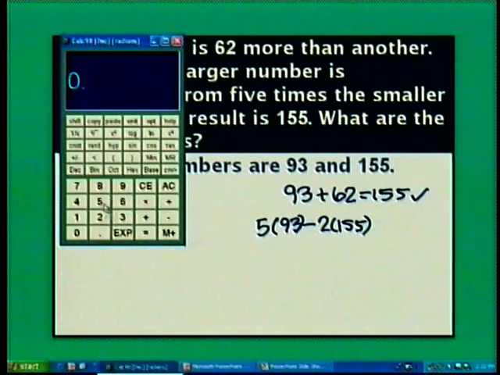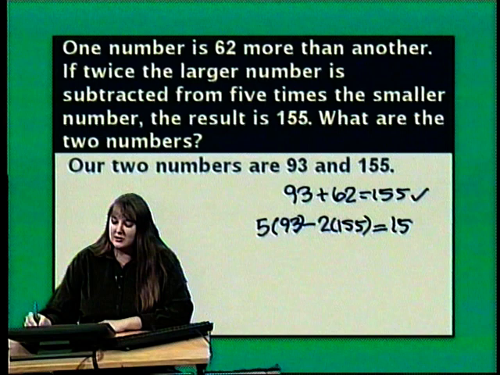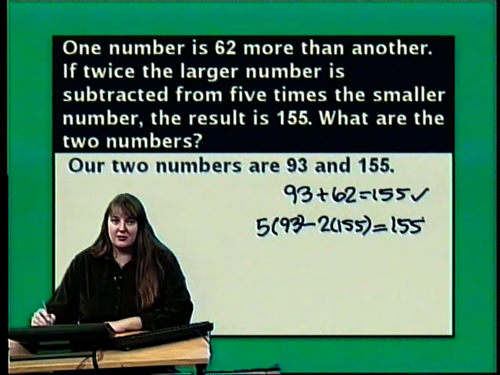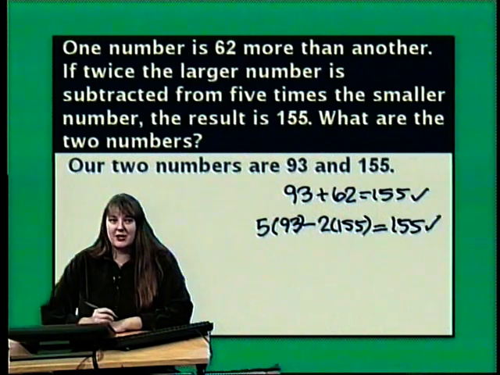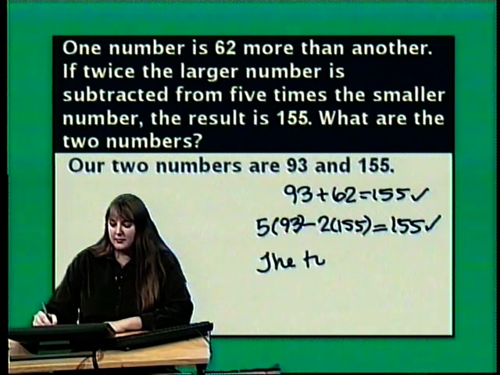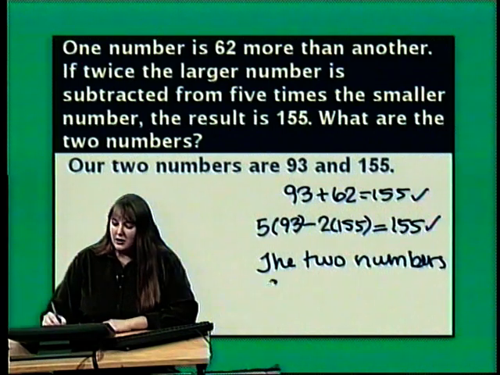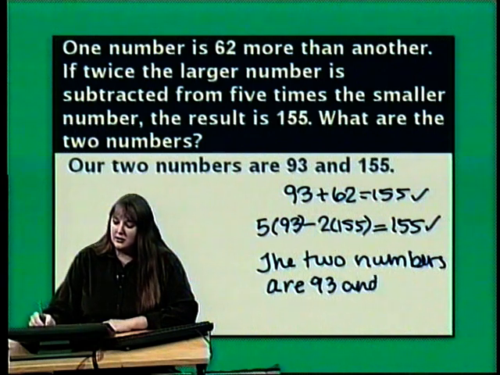So I need to take 5 times 93 and subtract 2 times 155, and that gives me 155. This is good. Our problem told us that the result of the subtraction was 155. So this checks, and I can formally state my conclusion now. The two numbers are 93 and 155.